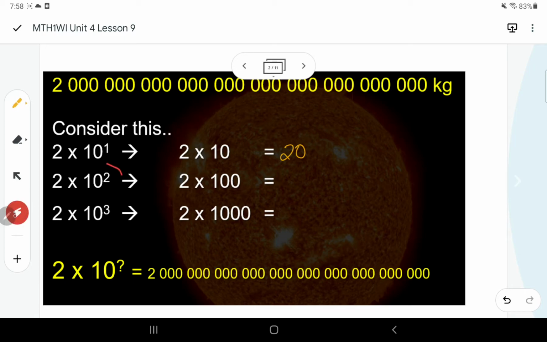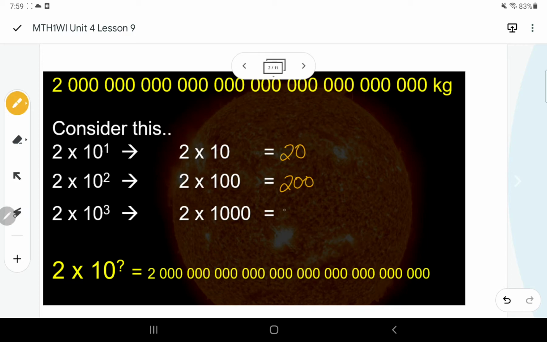The next one down, 2 times 10 squared. We know that 10 squared is 10 times 10, which is 100. And 2 times 100 is 200. If we increase that exponent again, 10 cubed, this would be 2 times, what's 10 cubed? You could do it on your calculator with your exponent button, or in your head if you're comfortable with multiplying. 10 times 10 times 10 gives you 1,000.